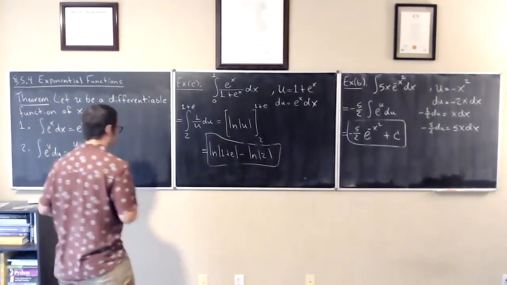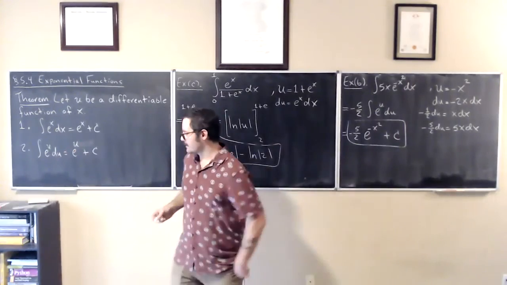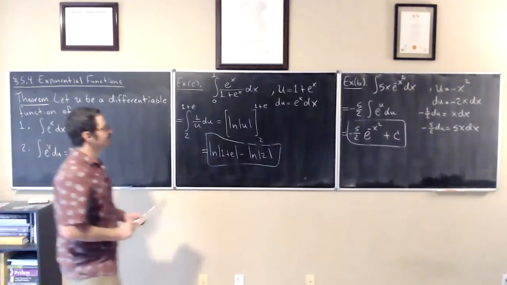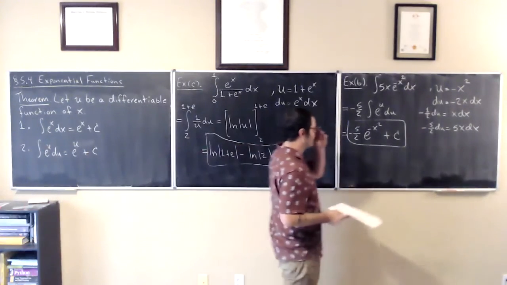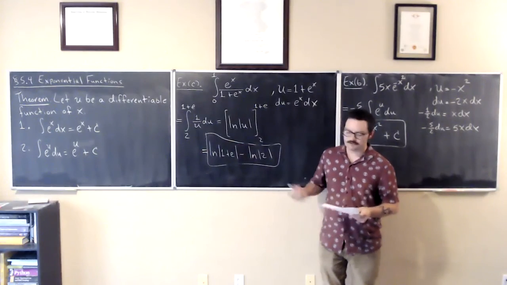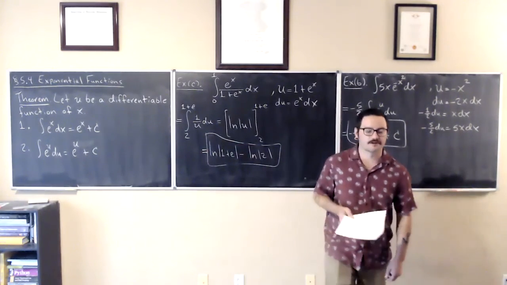Okay. So these problems are pretty important. So I have some homework problems for you to do. But I think that would be the end of today's video lecture. So I'm going to go ahead and stop the recording now.